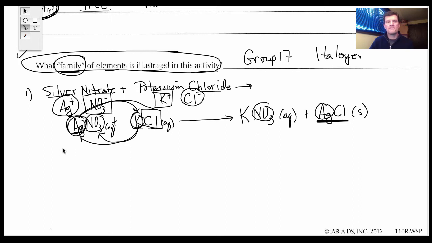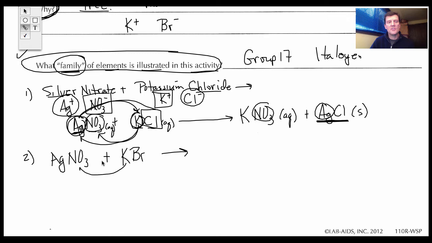Okay? Let's do the second one. This was silver nitrate. Well, I already know the formula for silver nitrate. And this time it's potassium bromide. Potassium again is a +1, and bromine forms a -1. So they're going to come together in a 1-to-1 ratio. So that's going to be just KBr. And like above, they're aqueous solutions, and they just switch places.